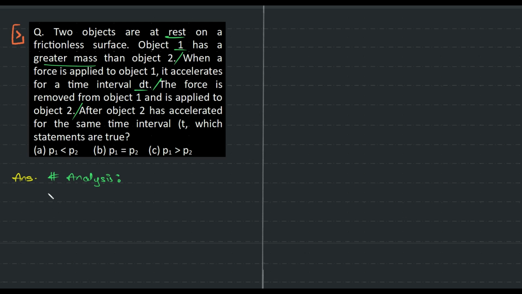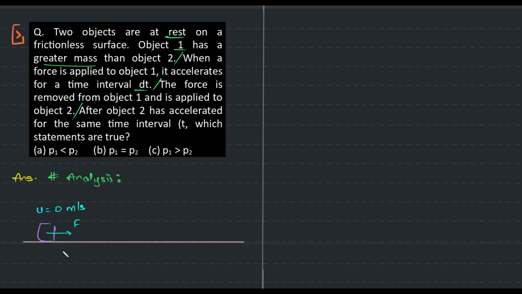So we are looking at, let me put it as a diagram. We have two objects. One is a heavier object. We are applying a force F. Initially, this is at rest.